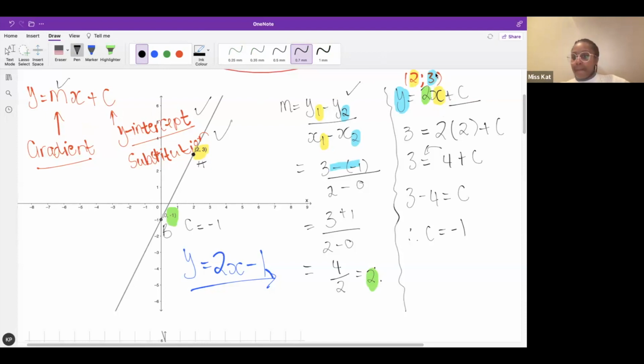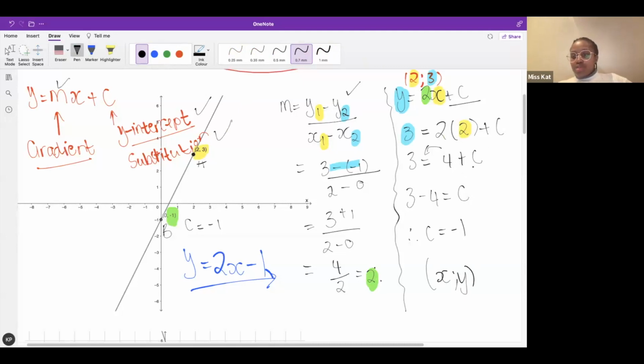Now I'm going to substitute again 2 where there's an x and 3 where there's y, because that's how we write coordinates. We write the x and then the y. Do you agree? Yes. So I substituted 3 where there was y, and I substituted 2 where there was an x. You get it? Yes. So then I multiplied 2 times 2 gave me 4.